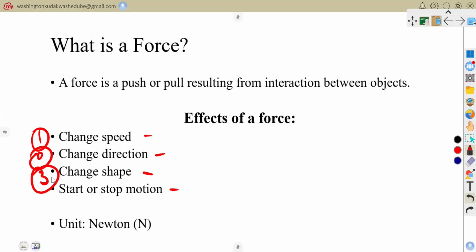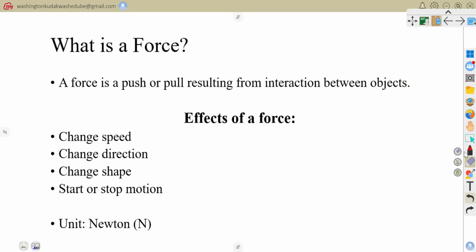It can also change the shape, as well as it can cause an object to start moving, or else it can cause an object to stop moving. And then we measure our force in newtons. So the unit of a force is what we refer to as newtons.